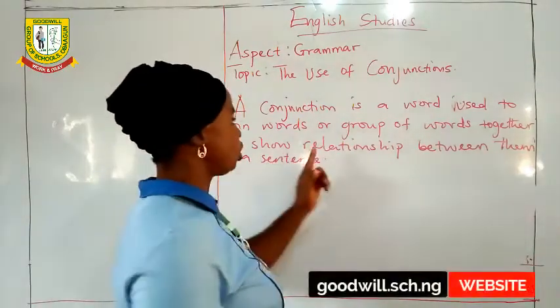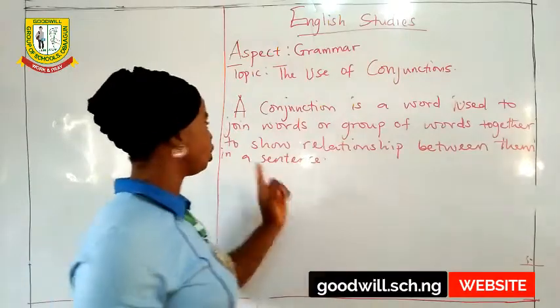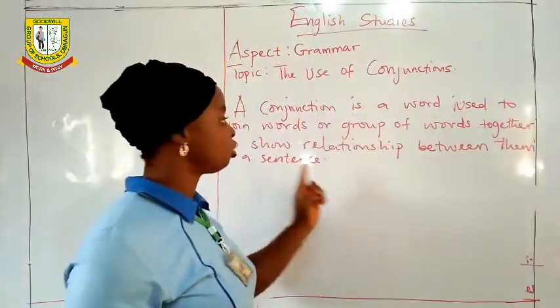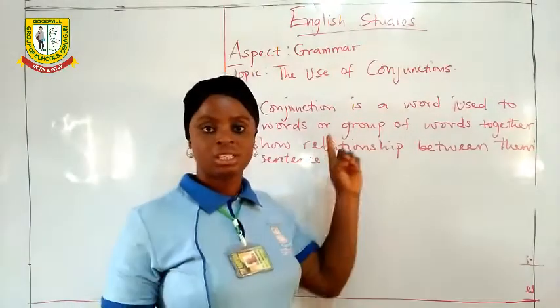So a conjunction is a word used to join words or group of words together to show relationship between them in a sentence.